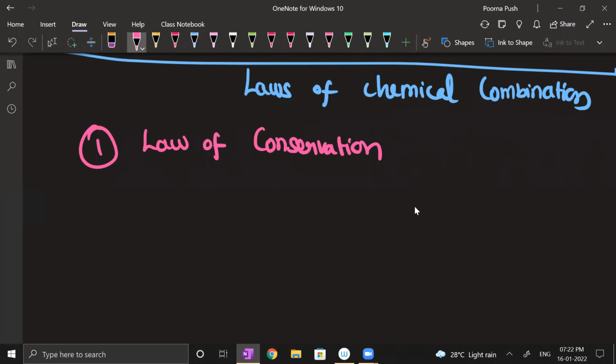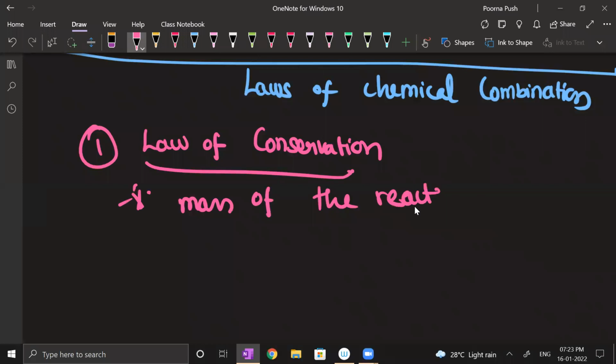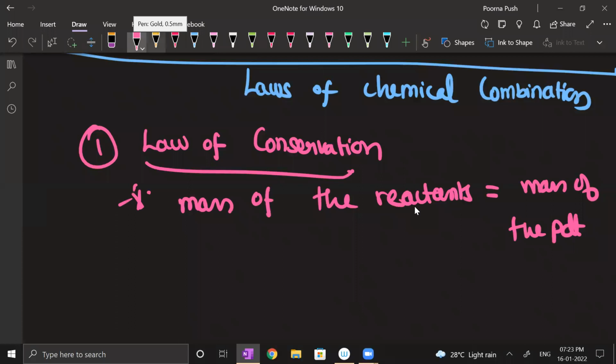Right? Now here in chemical combination, we can say law of conservation of mass: the mass of the reactants is equal to the mass of the products. Right?